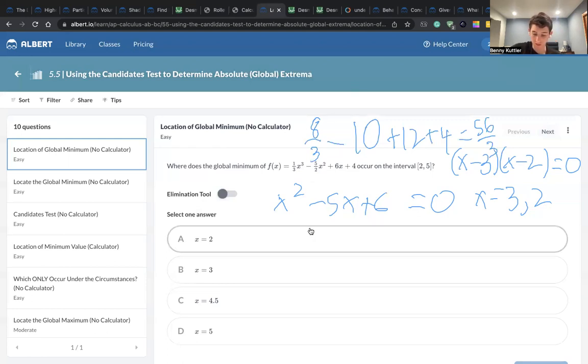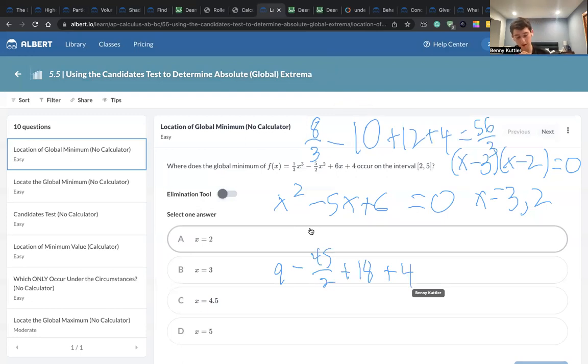I'll do it down here just to make sure I have room. 3 cubed is 27 over 3, so 9, minus 3 squared is 9 times 5 over 2, it's 45 over 2, plus 6 times 3, which is 18, plus 4.